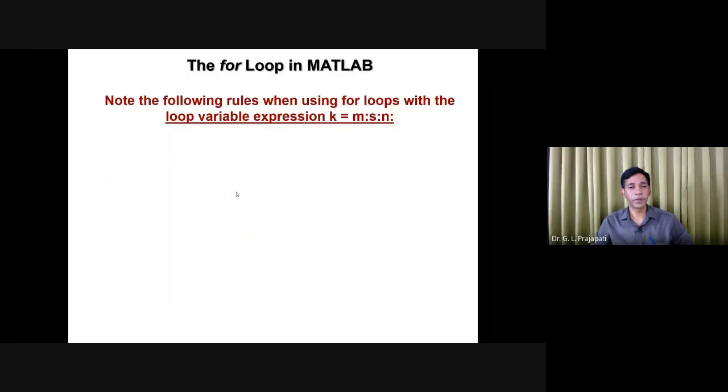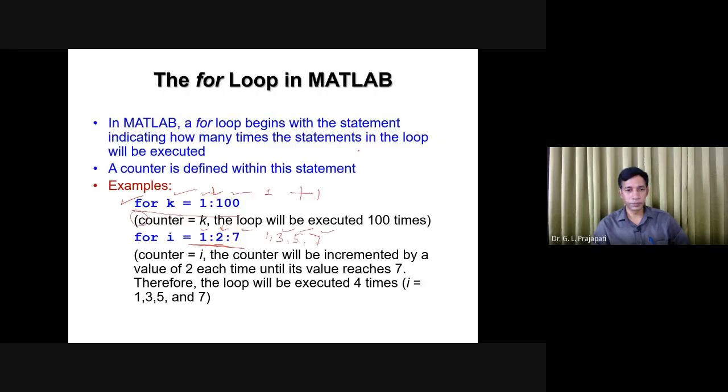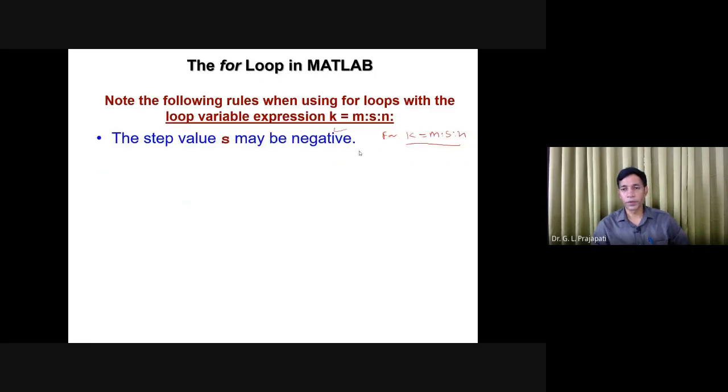So you can see the general syntax for the increment. Here you are saying for k = m:s:n.